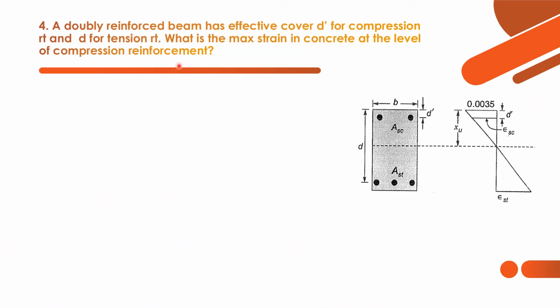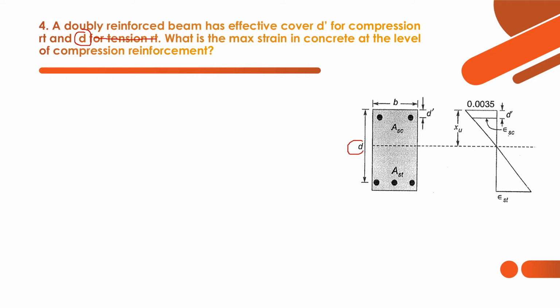This is a doubly reinforced beam. A doubly reinforced beam has effective cover d dash for compression reinforcement at the top of the section, and small d, which is actually the effective depth of the beam, not for tension reinforcement.